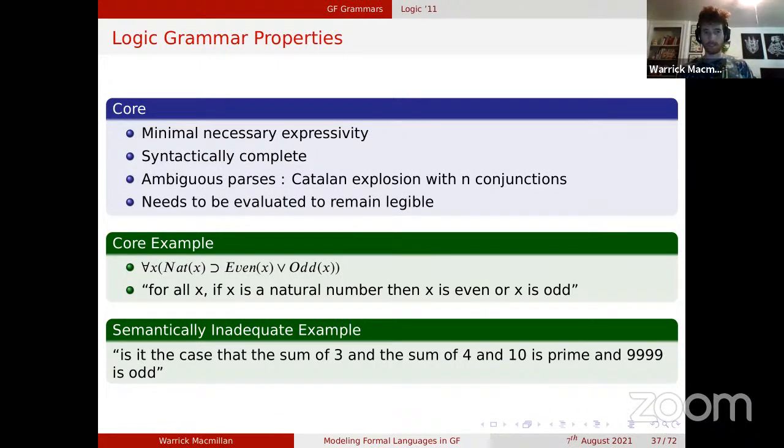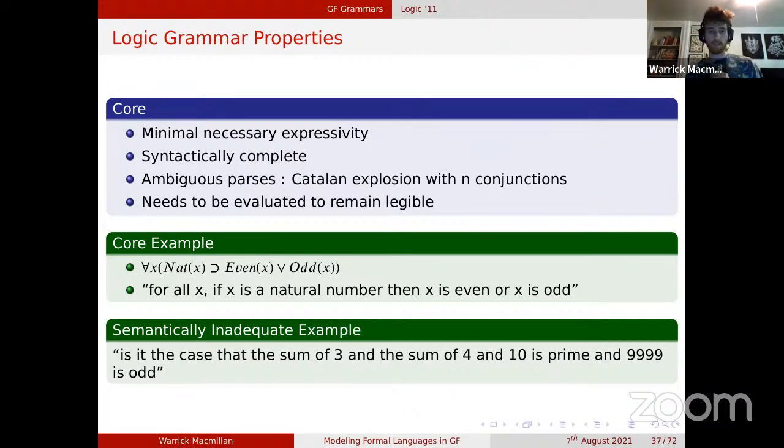So the expressions in the core syntax are often illegible to a human. Here's an example: for all x, if x is a natural number, then x is even or odd. That's spelled out very explicitly in this sentence, but it doesn't sound very natural. But it is syntactically fully expressive of what the formula means.